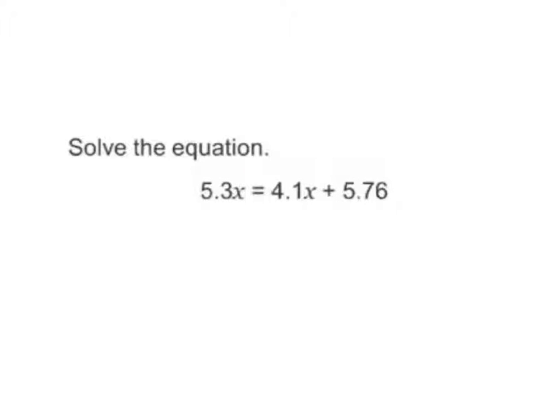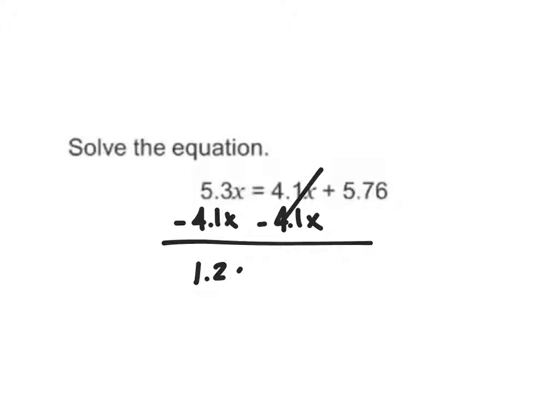What I want to do is combine my x's on the same side of the equal sign. So I'm going to subtract and move 4.1x to the other side. Because it's positive, I'm going to subtract 4.1x from both sides. Those are going to cancel out. Then I've got 5.3x minus 4.1x, and that's going to give me 1.2x.